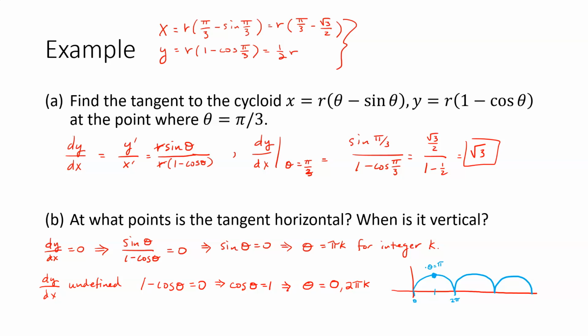So we could see in actuality, it's going to have horizontal tangents when theta equals pi, or when theta equals 3 pi. But when it's 0, 2 pi, 4 pi, all the even multiples of pi, it's going to have a vertical tangent.